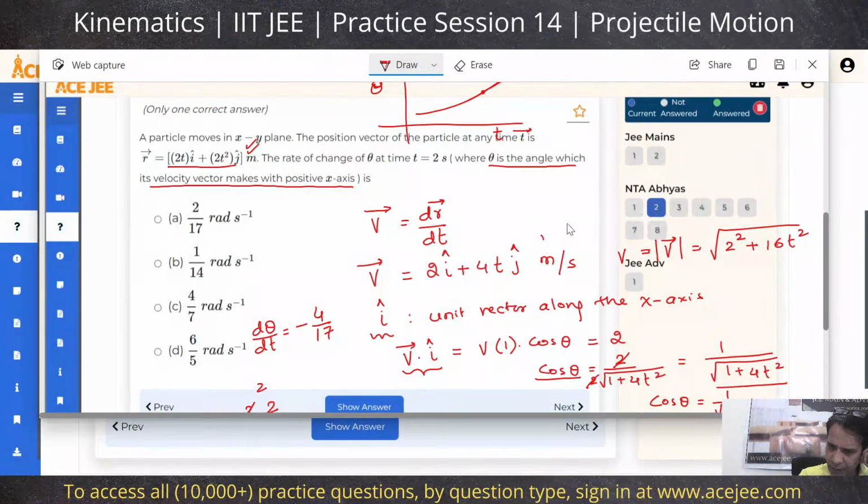Right? This is correct. The magnitude of this is square root of 2 square plus 16t square, which means that actually this is 2 square root of 1 plus 4t square. I think we missed out this factor of 2 in here.